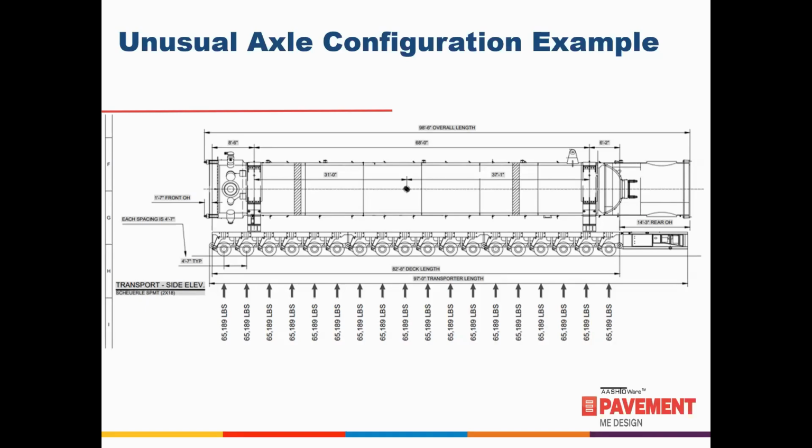In this case, the trailer has 18 axles. Each axle actually has 8 wheels across. So you look at this and you have to decide, okay, what are we going to use? Well, first of all, the load on each axle is over 65,000 pounds.